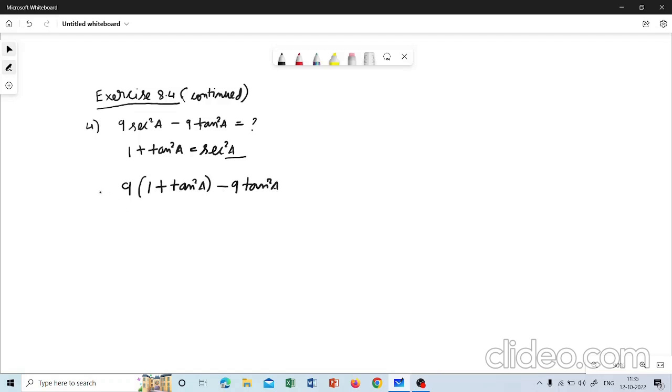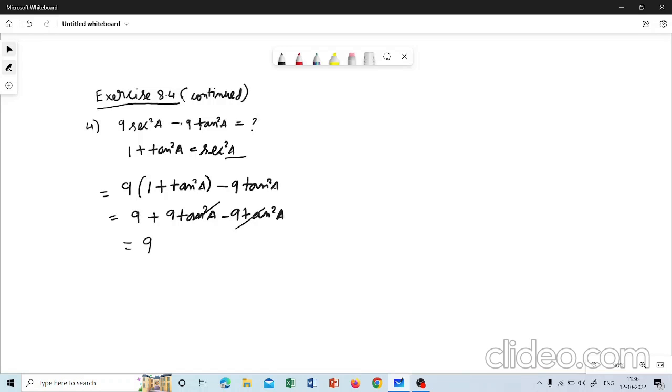So this is equivalent to 9 plus 9 into tan square a minus 9 tan square a. So now you can see that 9 tan square a, 9 tan square a will get cancelled. So the answer is 9. So this is a simple application of the second property.